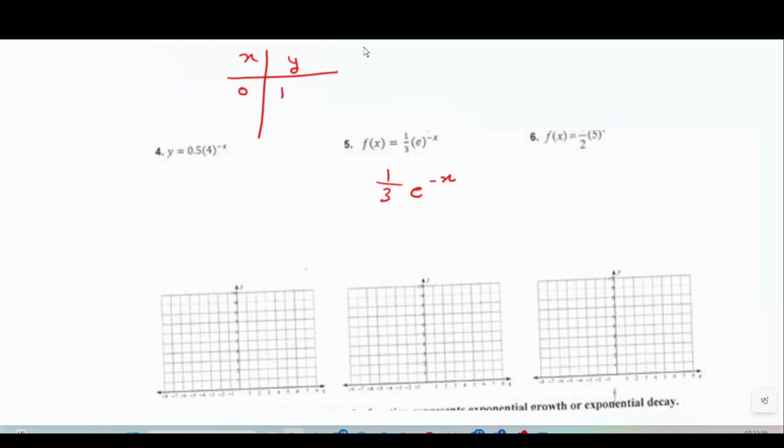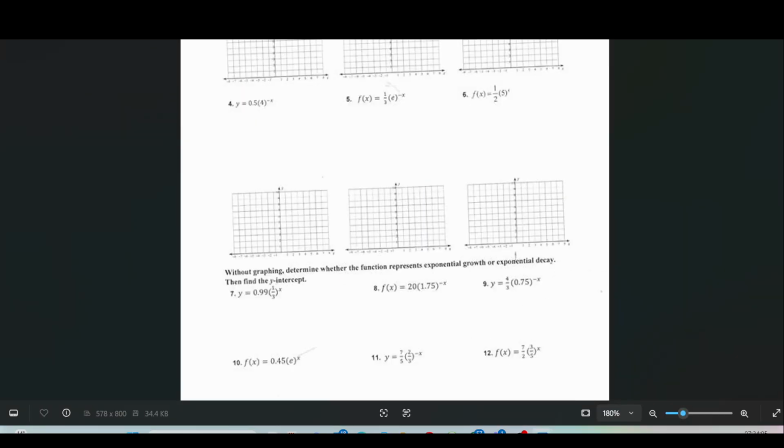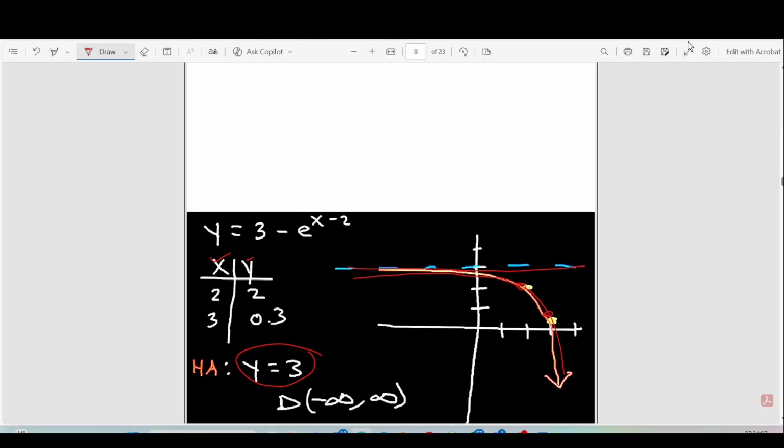Now 1/3 is also there, so it'd be 0 comma 1/3, right? Yeah, 1/3. And then negative 1, or should I put negative 1? Yeah. So let me search the values of e here.